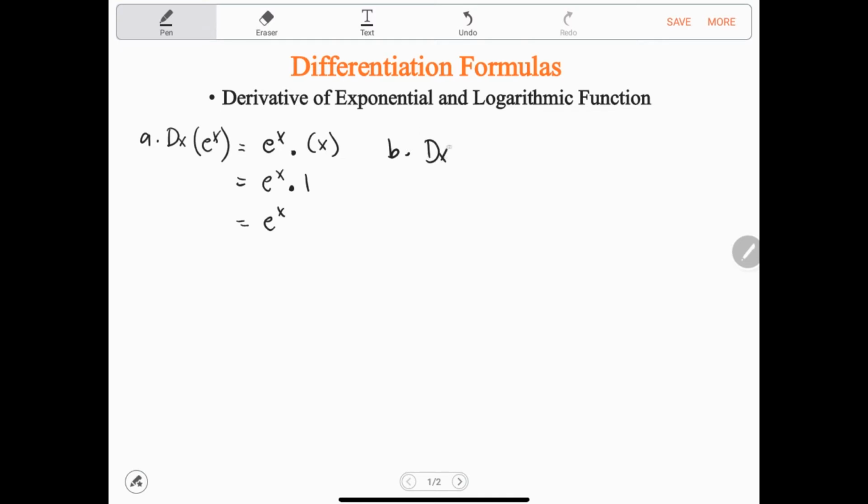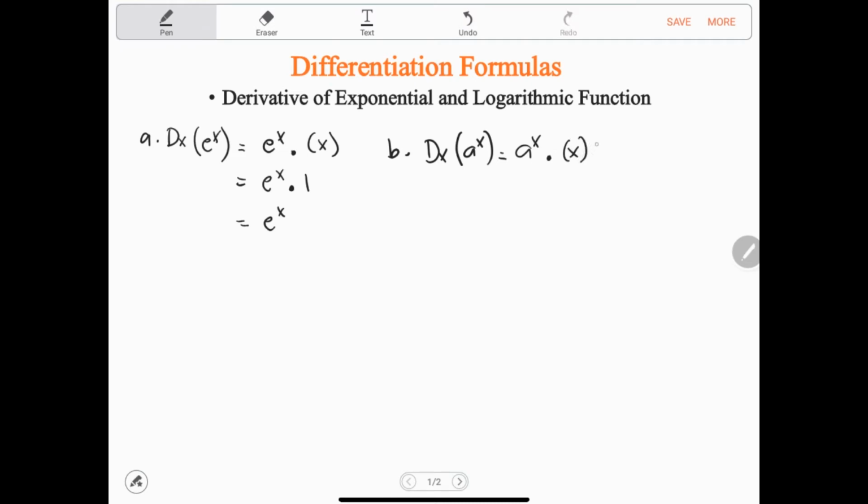Next, the derivative of the quantity a raised to x is equal to a raised to x. Still copy what's inside the parentheses, and find the derivative of what it's being raised to.